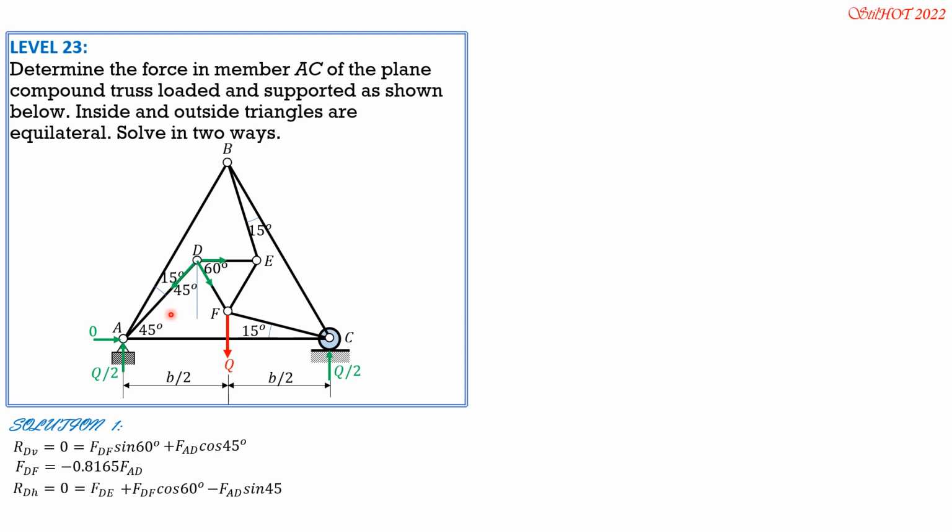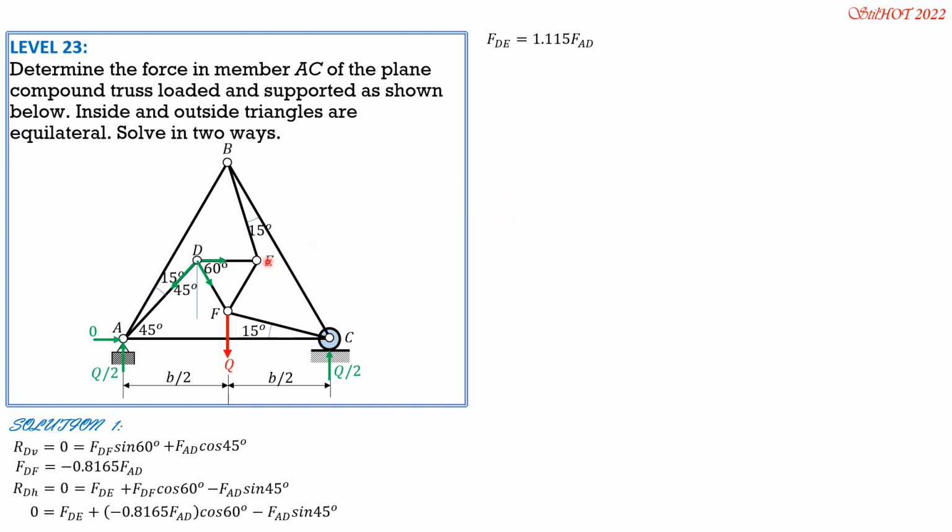So substituting the value of FDF so that FDE is also in terms of FAD: FDE plus negative 0.8165 FAD cosine 60, then minus FAD sine 45. So from here, we can express FDE in terms of FAD because these are all FAD. So it is positive. FDE is equal to 1.115 of FAD.